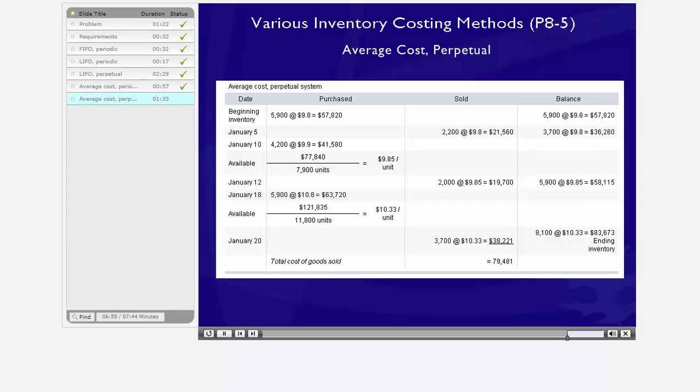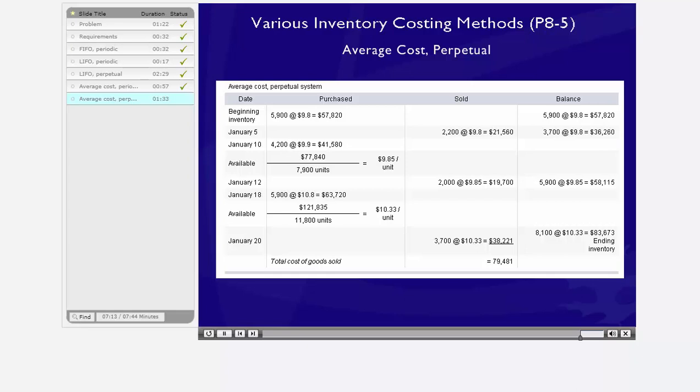average cost available divided by the total number of units we have available to come up with our new average cost. Then if we have a sale, which we do on January 12th, it gets recorded at the new average cost. Okay?